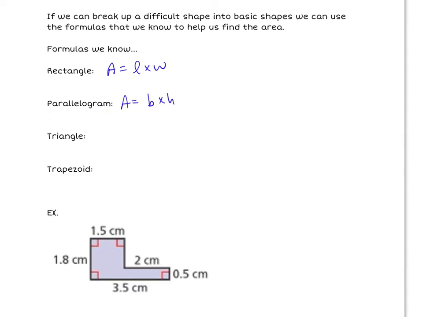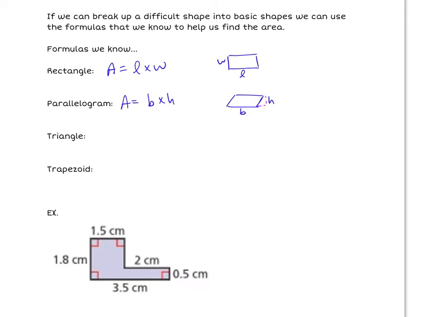Length and width, base and height, those are just different names. If I were to draw a rectangle, we would have length and width. If I were to draw a parallelogram, we would have our base, and then a lot of these will have a dotted line here, and it'll say, here's your height there.